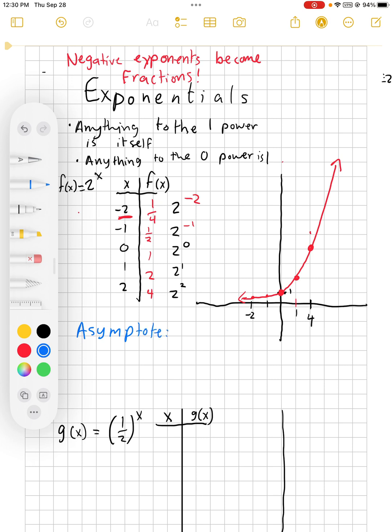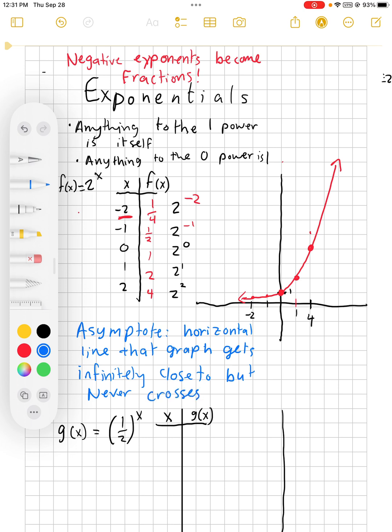An asymptote is a horizontal line for our purposes right now that the graph gets infinitely close to but never crosses. The asymptote in this particular case is basically going to be on top of the x-axis.